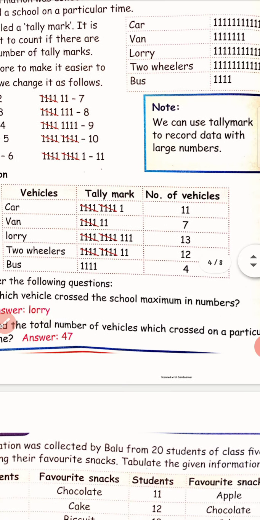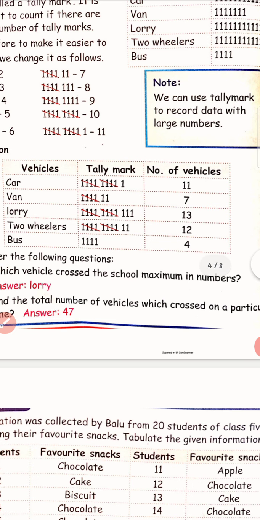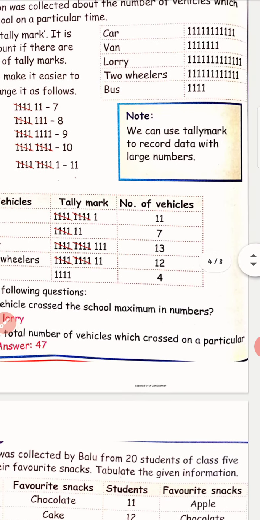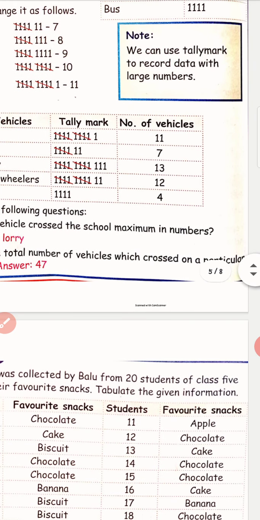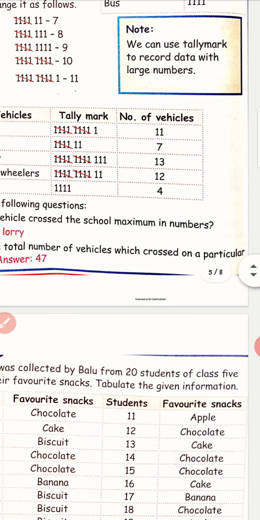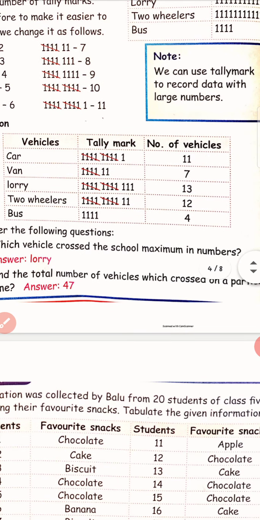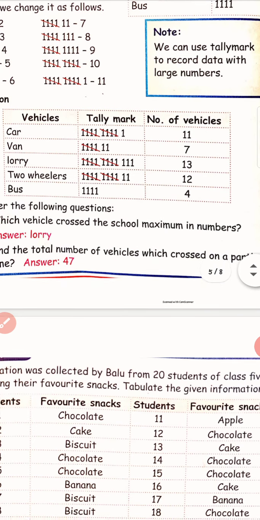So you put the tally mark, so the number of vehicles is thirteen. Next, two-wheelers. How many two-wheelers? Twelve two-wheelers. So first you put the tally mark, five plus five is ten, next the remaining two. The next one, bus. How many buses? Four.